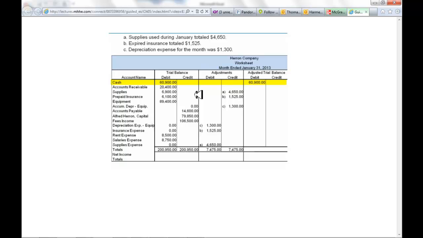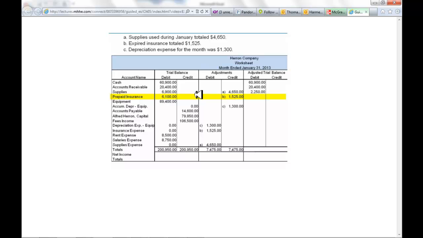Cash is unadjusted. The balance in accounts receivable was also not adjusted. It stays at a debit of $20,400. Supplies had an unadjusted debit balance of $6,900. We credited the supplies account, reducing the asset by $4,650, resulting in an adjusted supplies balance of $2,250.